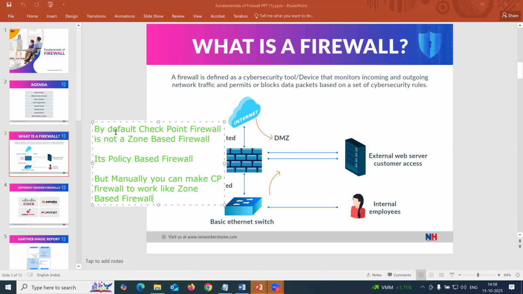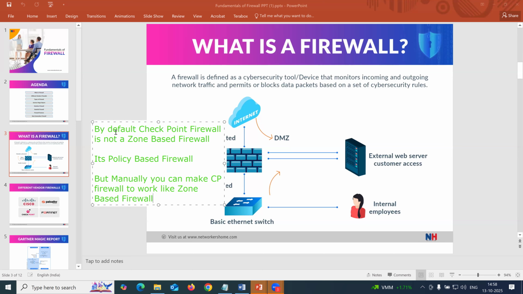What type of rule? Let's say I have a Cisco device. In a Cisco device, what do I call it? In Cisco devices also, a few of the devices I call a policy. In ASA, I don't call it policy. On ASA, I call it ACL. On Cisco routers, I call it an ACL. What is ACL?